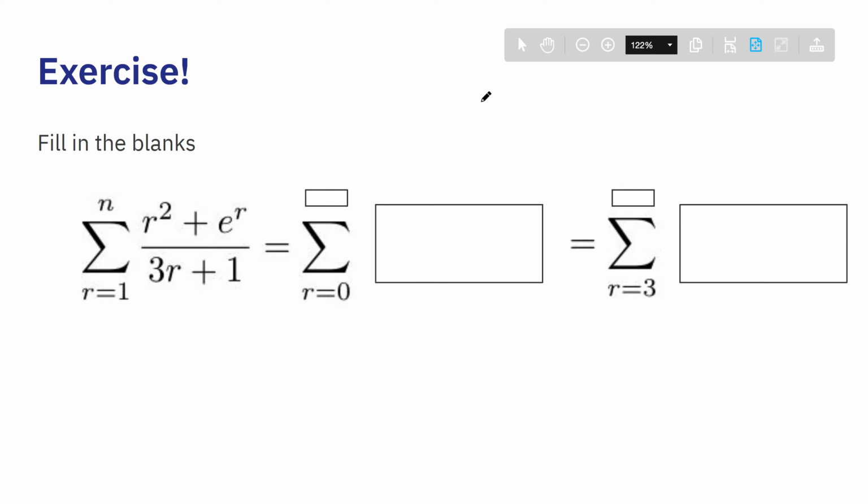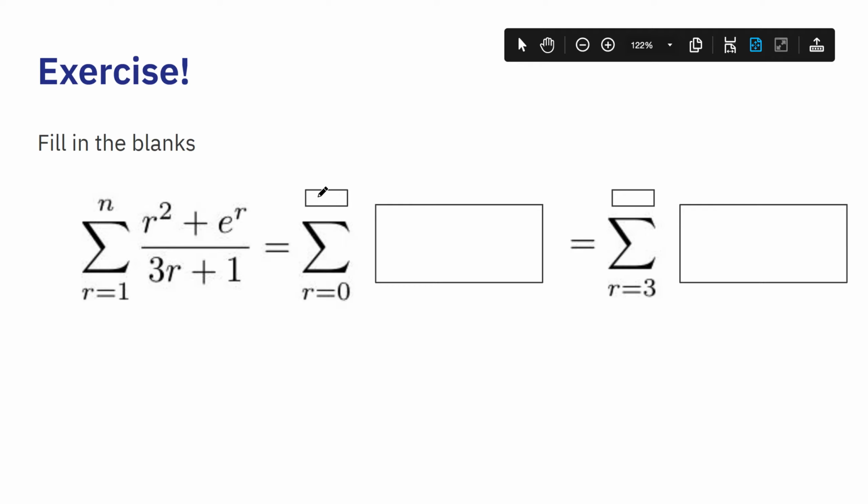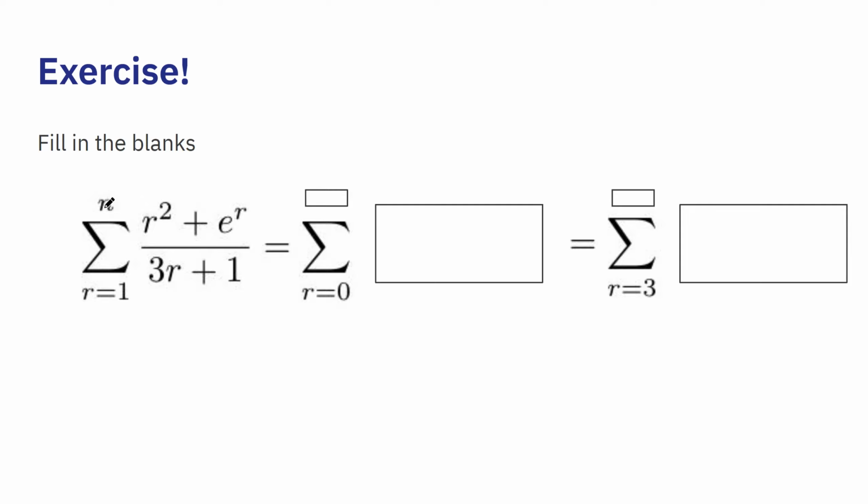Alright, so we're going to be presenting the solution for this question to you now. So here we have the index from 1 all the way to n. Now we want to shift it to begin at r equals 0. So what happens when r equals 0? The same r here, 1 squared, right? If we were to start with 0, it has to be r plus 1 squared, because here we have 1 squared as the first term, then 2 squared, 3 squared.